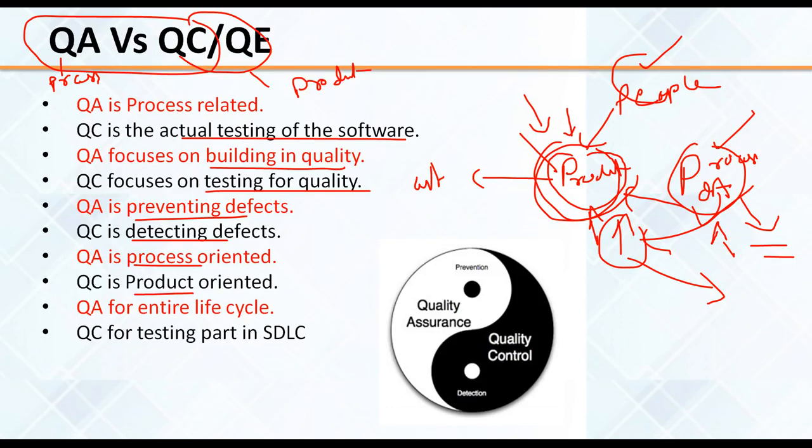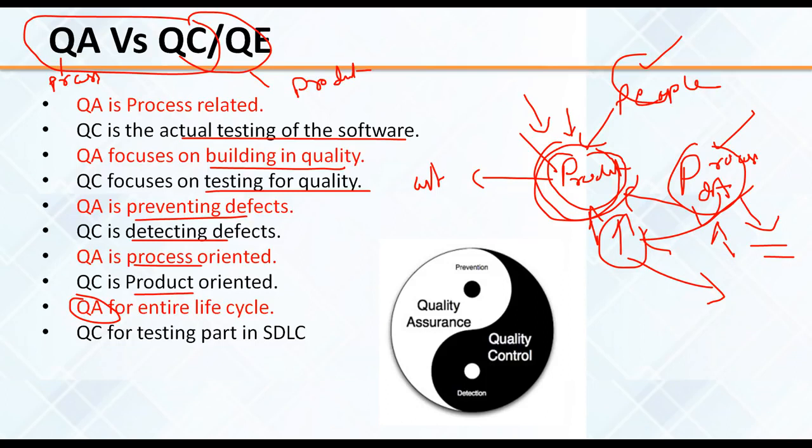And QA is for the entire cycle, QC is for only the testing part in SDLC. QA means that is a process I am talking about, right? Process in the sense requirement process, design process, development process, testing process, all these things have a process. So QA talks about the entire SDLC from the beginning to end, once we get the requirement from the customer till we deliver the software to the customer.